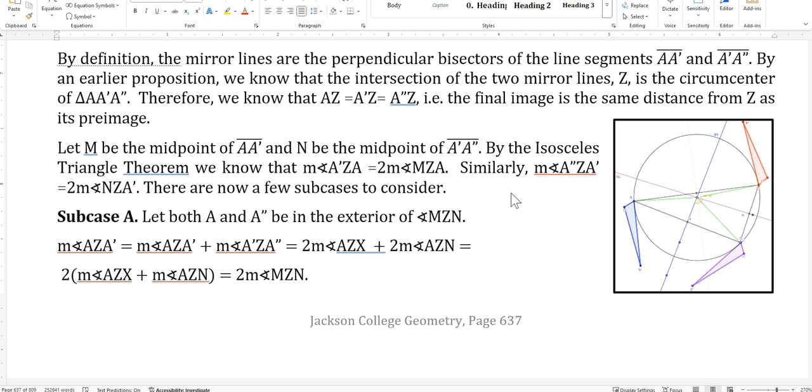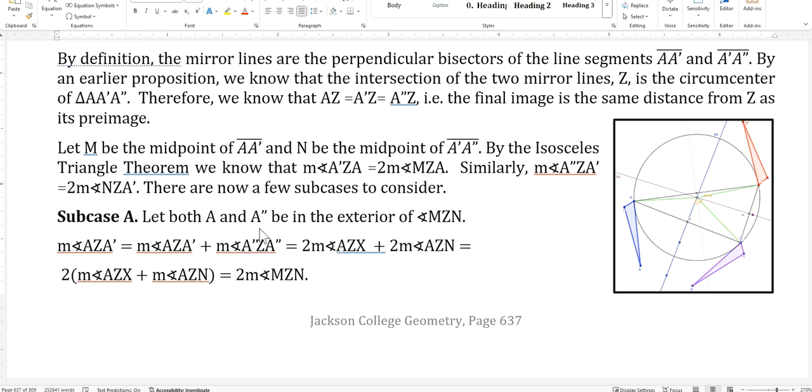Okay, so our first case is we look at the angle MZN. Here's the angle right here, which is an angle between the two lines, right? And we assume that both A and A double prime are in the exterior of that angle, which is what we have in the picture here.